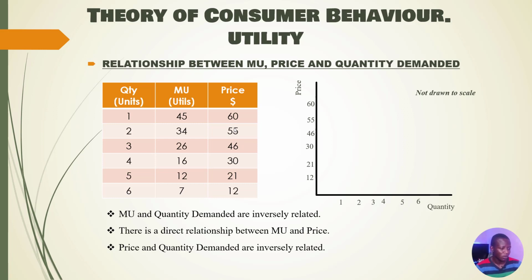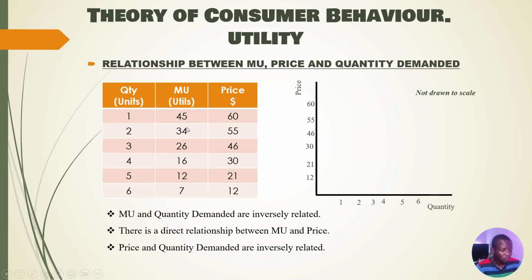How? From our example here, realize that the first quantity of that commodity was being sold for $60. At that $60, we are deriving a utility of 45 utils. With this 45 utils, we consume the second unit, and then our additional satisfaction was falling.